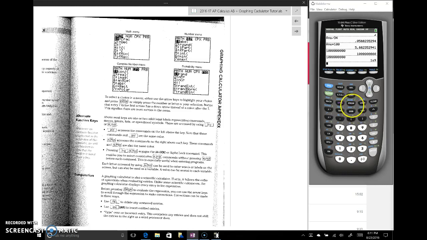So let's go into the math menu. So math is right here. It has a lot of good functions for you. You can convert a number to a fraction. You can convert it to a decimal. And it's got some basic information here, like taking different types of roots, finding mins and maxes, doing a numeric derivative, numeric integrals, summations.